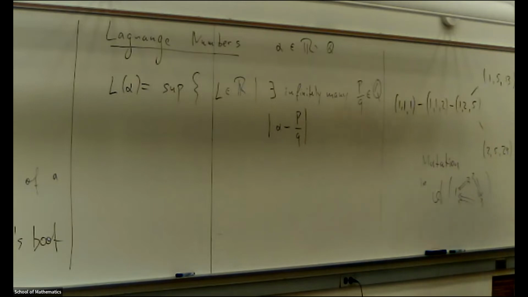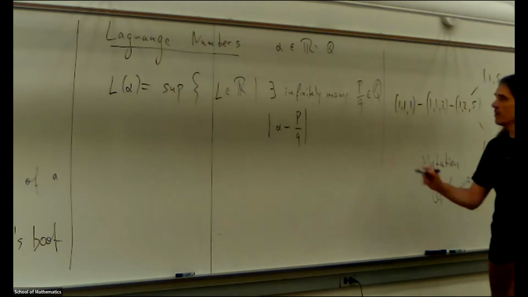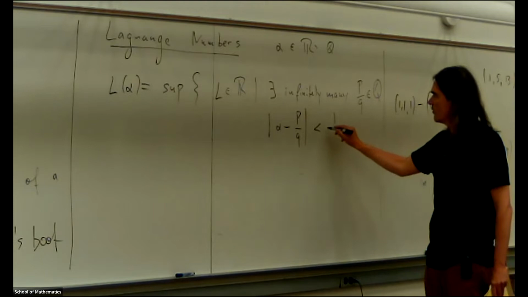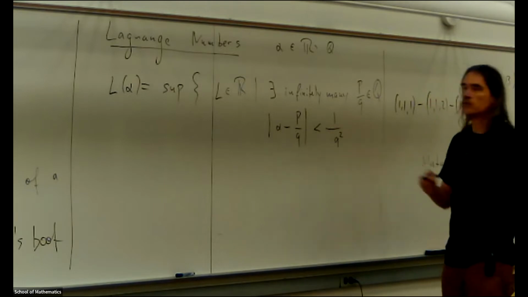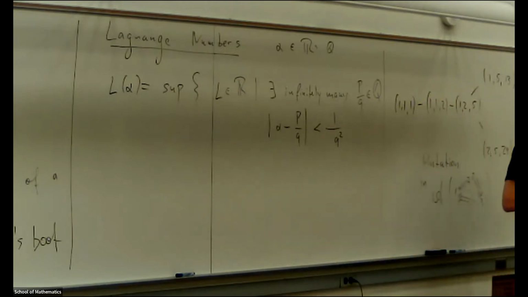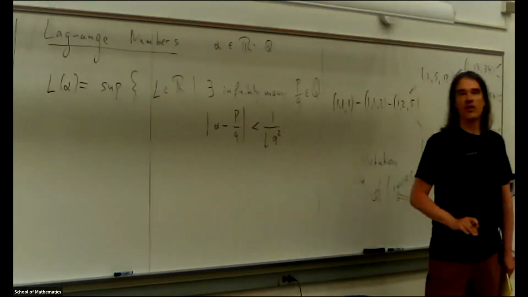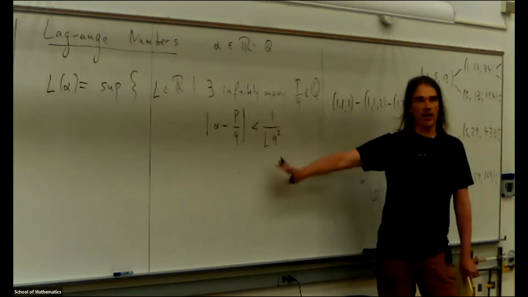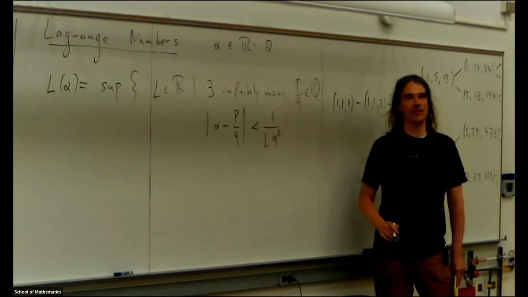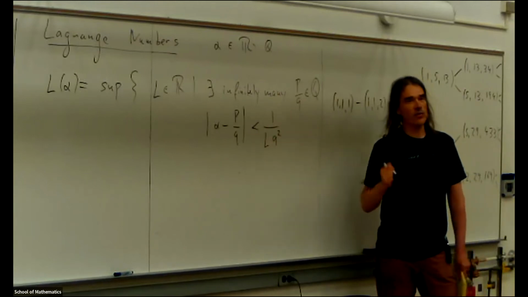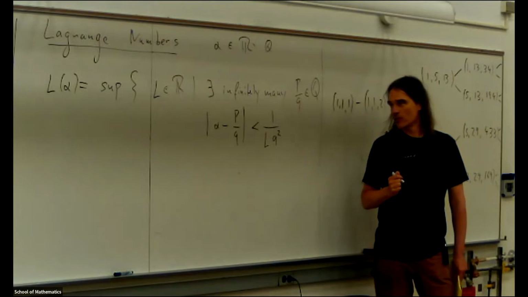And how do you measure it to be a good approximation? You want it to be smaller than 1 over the square of the denominator. And that's not enough. You have to put the L there somewhere, and it goes right here. So if you keep L equal to 1, you can always do this. So the question is, you want to really squeeze out the best possible way to approximate.